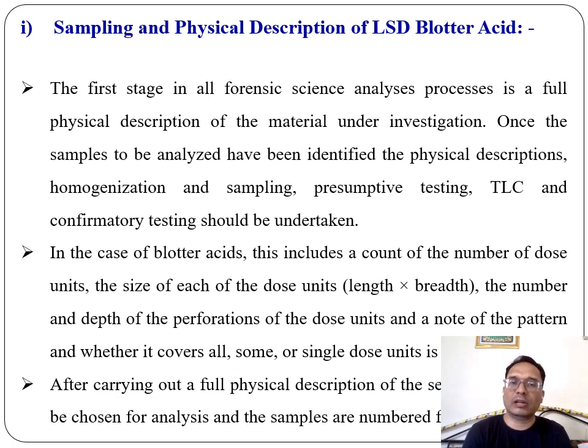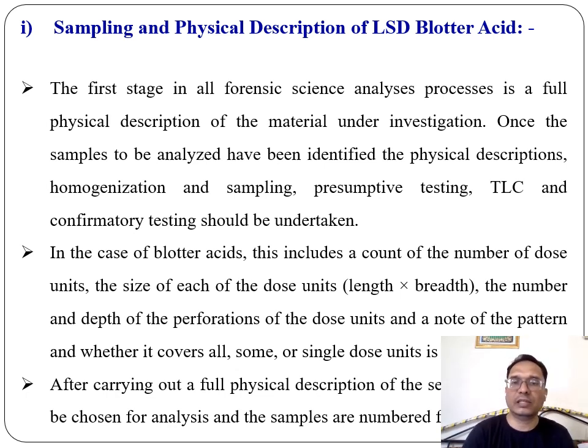In the case of blotter acids, this includes a count of the number of dose units, the size of each dose unit, the number and depth of perforations of the dose units, and a note of the pattern and whether it covers all, some, or a single dose unit.